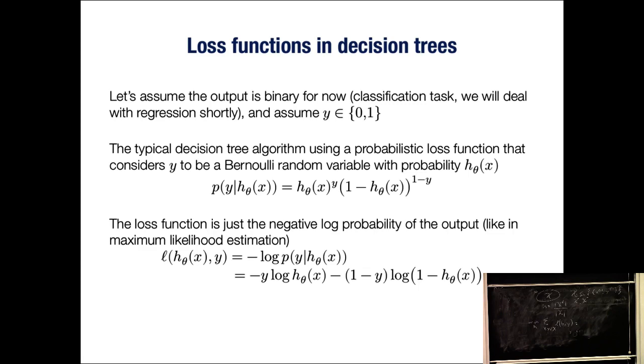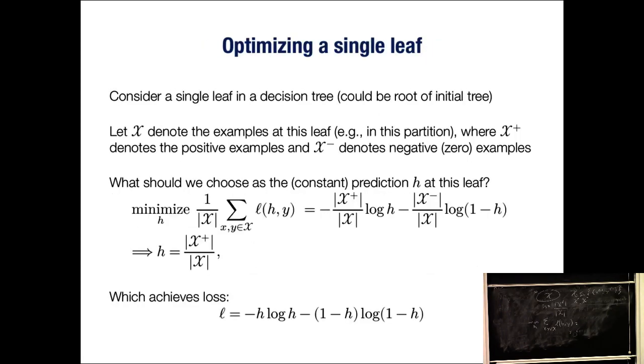And so that is just going to be equal to, if you sort of write it out, negative, actually the average loss, if I divide this thing by the total number of samples just for convenience. It's going to be the number of positive examples times the loss of log h, plus the number of negative examples where we suffer loss of log of 1 minus h.